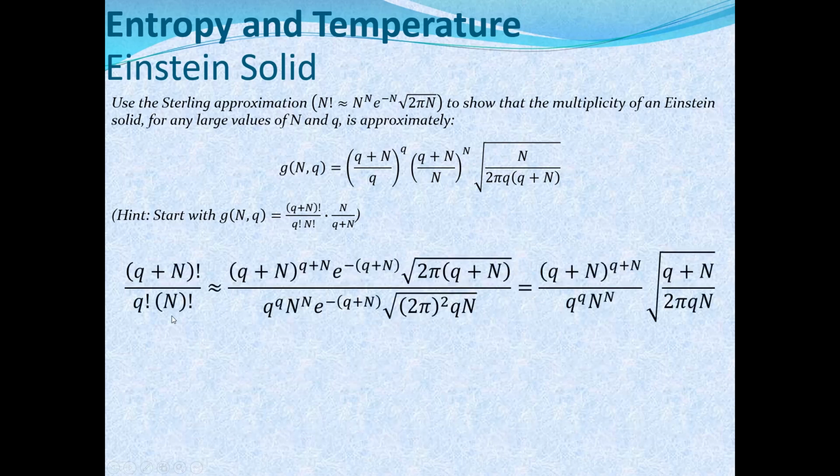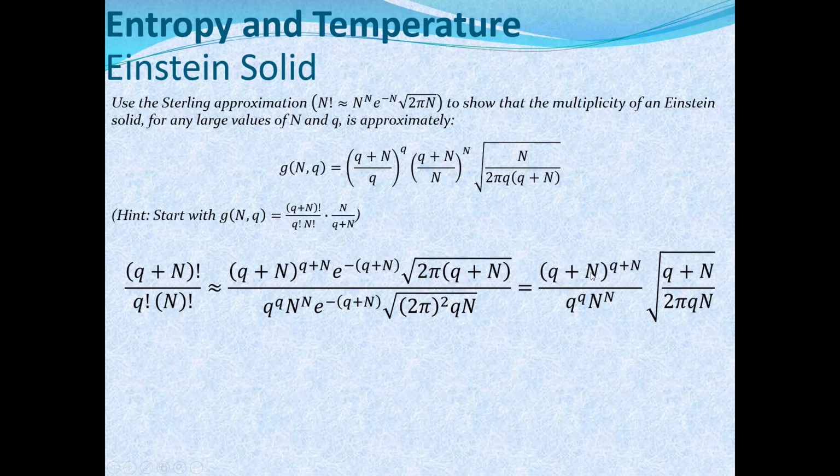So combining it together, we end up getting this. We can drop these two e parts, and then we can combine the square root part, and we end up getting this. So far, if I look over here, it is starting to look like what I expect.